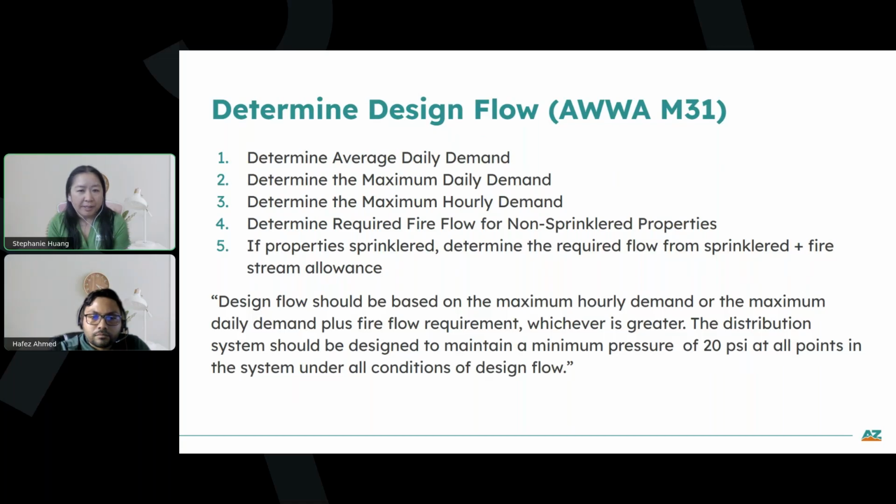AWWA says design flow should be based on the maximum hourly demand or the maximum daily demand plus fire flow requirement, whichever is greater. The distribution system should be designed to maintain a minimum pressure of 20 psi at all points in the system under all conditions of design flow.